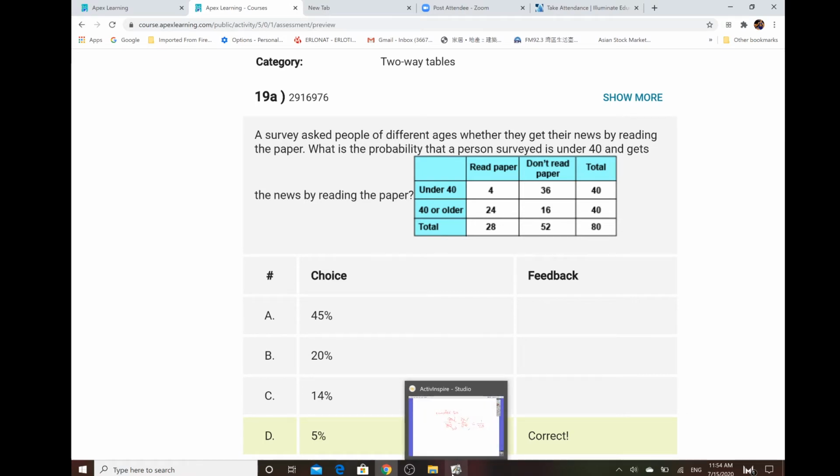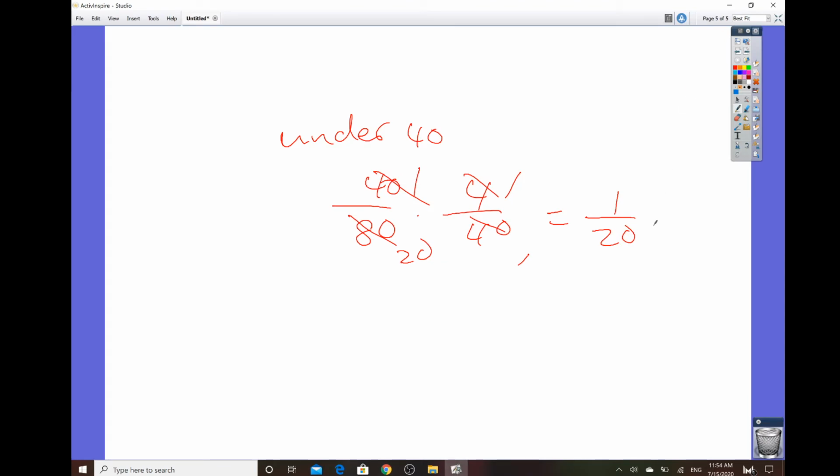Wait a minute, if that's 1 over 20, convert that to a percentage. Would that be considered 5%? Because you multiply by 5, top and bottom. To go from 20 to 100, you multiply by 5, top and bottom. So eventually it's 5%.